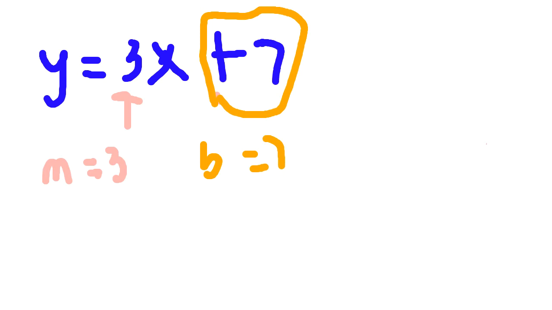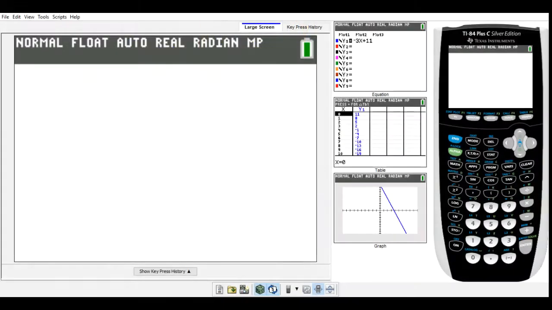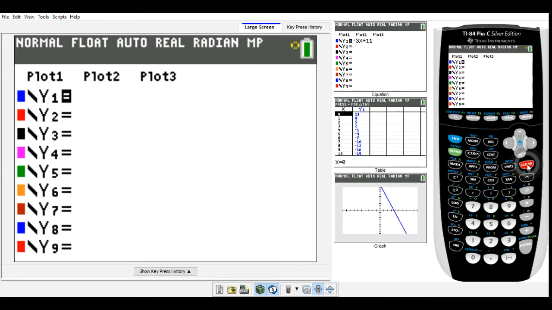Alright, so I'm going to go to my graph too. I click y equals, so it was 3x plus 7, and then I graph it.